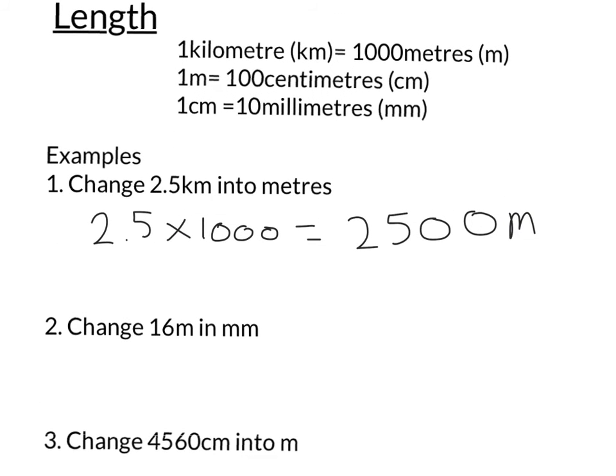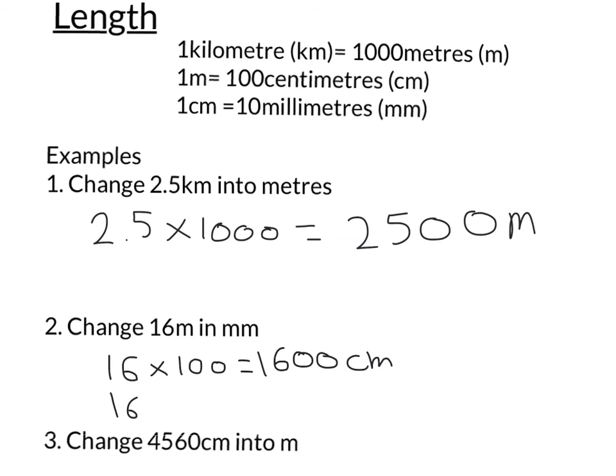Example 2, change 16 meters into millimeters. Well, we don't have a conversion from meters straight to millimeters, although you could get one. It might just be easier to get it into centimeters first of all. So every meter is 100 centimeters. So 16 meters would be 1,600 centimeters.